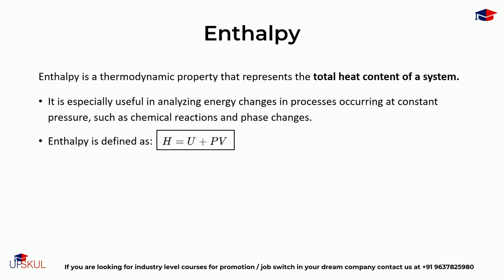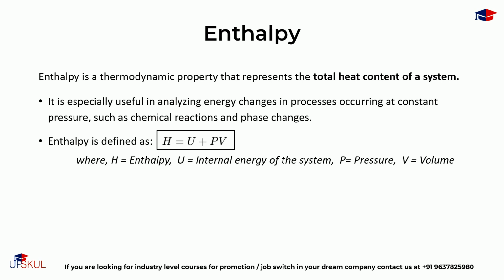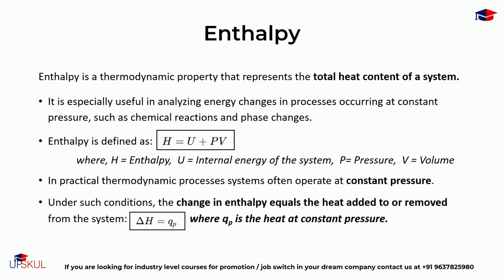Enthalpy can be written as H = U + PV, where H is the enthalpy, U is the internal energy of the system, P is the pressure, and V is the volume. In practical thermodynamic processes like heating, cooling, or chemical reactions, systems often operate at constant pressure. Under such conditions, the change in enthalpy equals the heat added to or removed from the system.